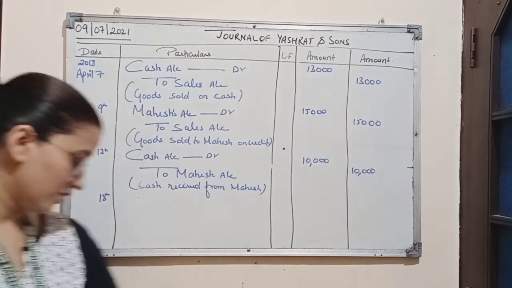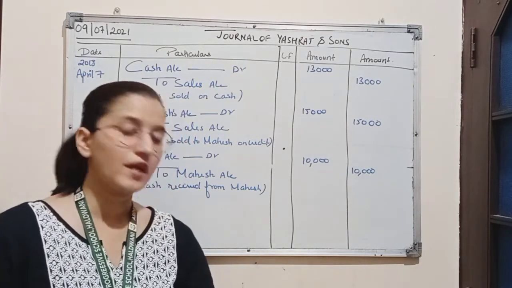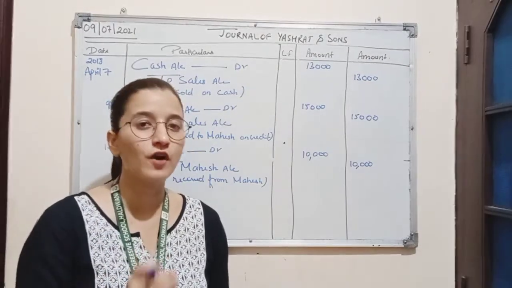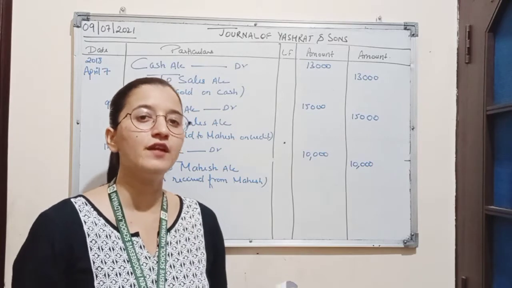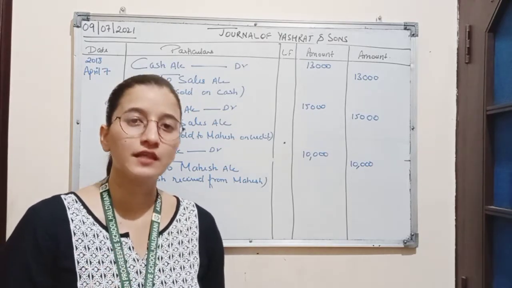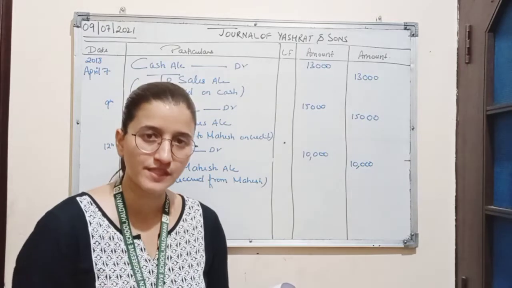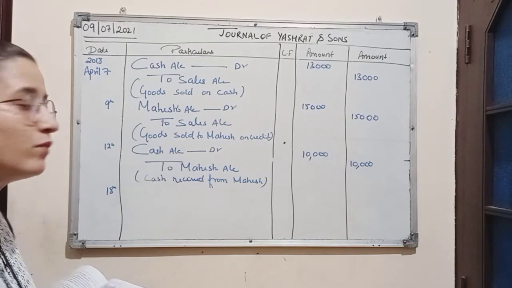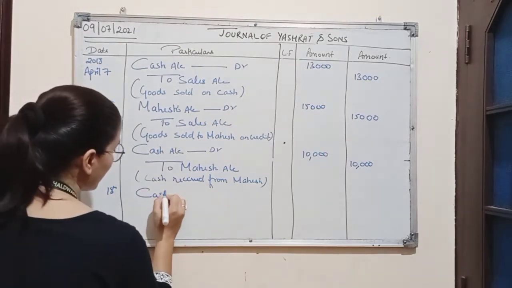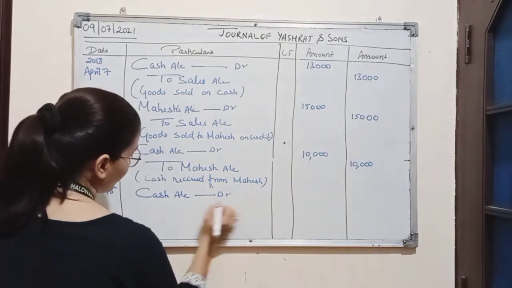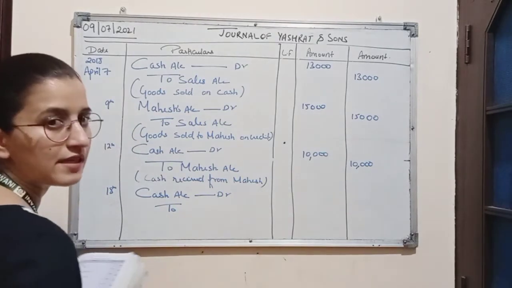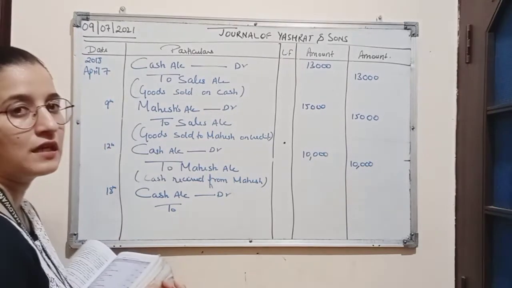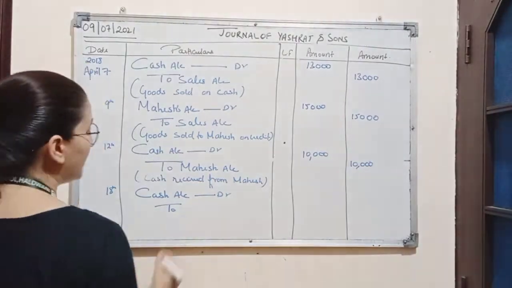Now next transaction is on 18th of April. Transaction is sold goods to Suresh for cash. Here two accounts are affected. First is sales account, second is cash account. By selling goods we are receiving cash. Cash is a real account and rule for real account is debit what comes in. So cash is coming in the business, we will debit cash account. And second account affected was sales account. Sales is considered as an income and rule of nominal account is credit all income and gain.